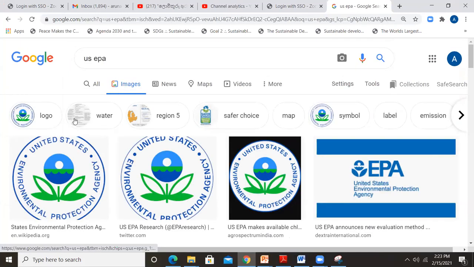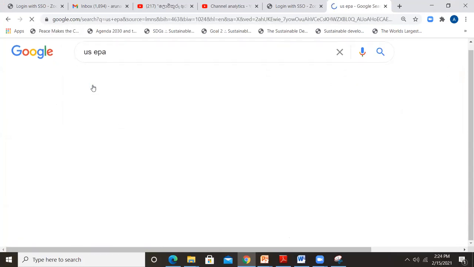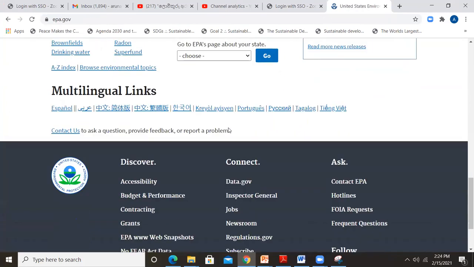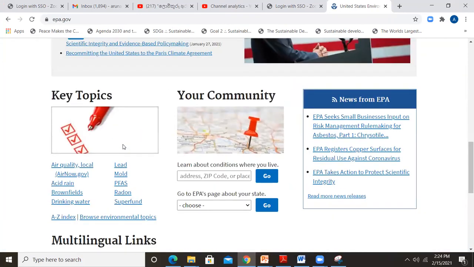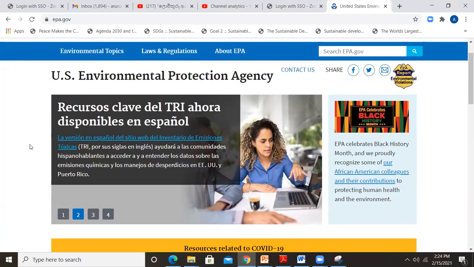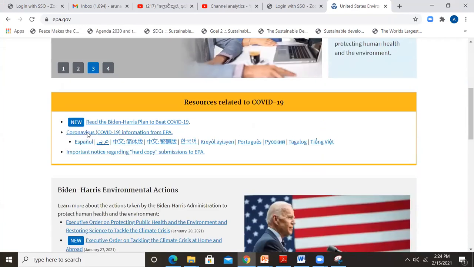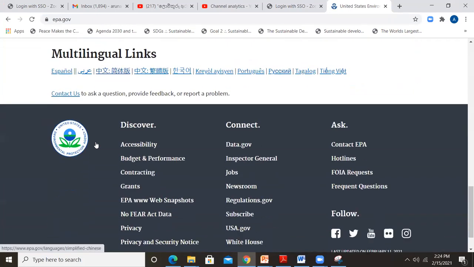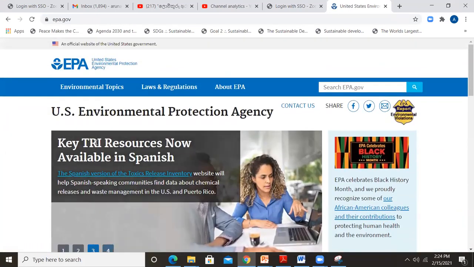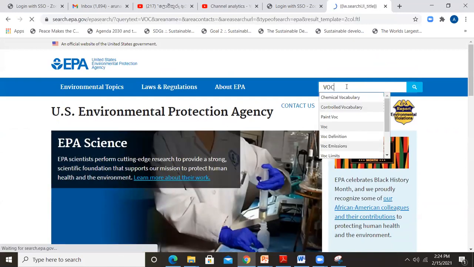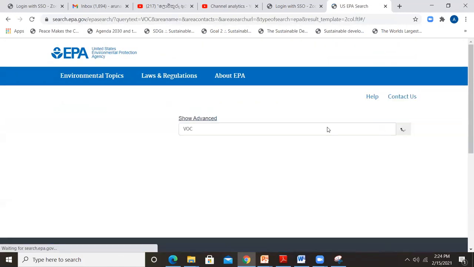Actually, this is the United States Environmental Protection Agency. It's a huge knowledge base. The US, we may have issues, but this US EPA is wonderful. You can learn about everything because if you need the source, this is one of the best sources. If you need to know about VOC, type VOC.